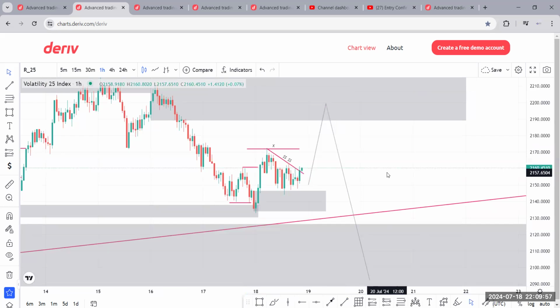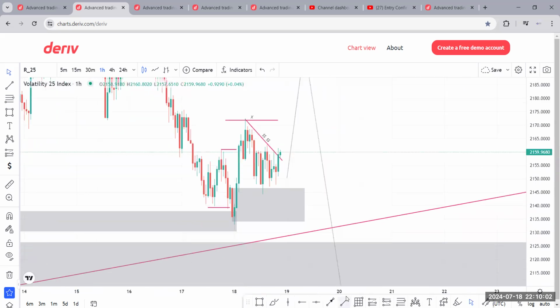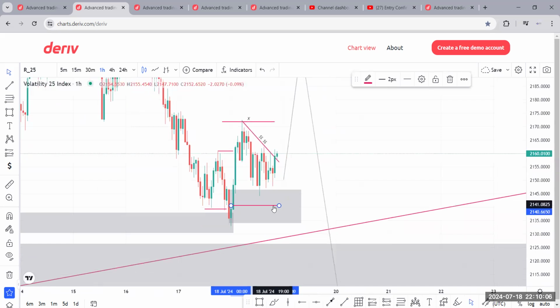And as we zoom to the lower time frame, it becomes much more clearer. But then even on the 1 hour, we can see price. This order block has a nice fair value gap. All right. A nice fair value gap.